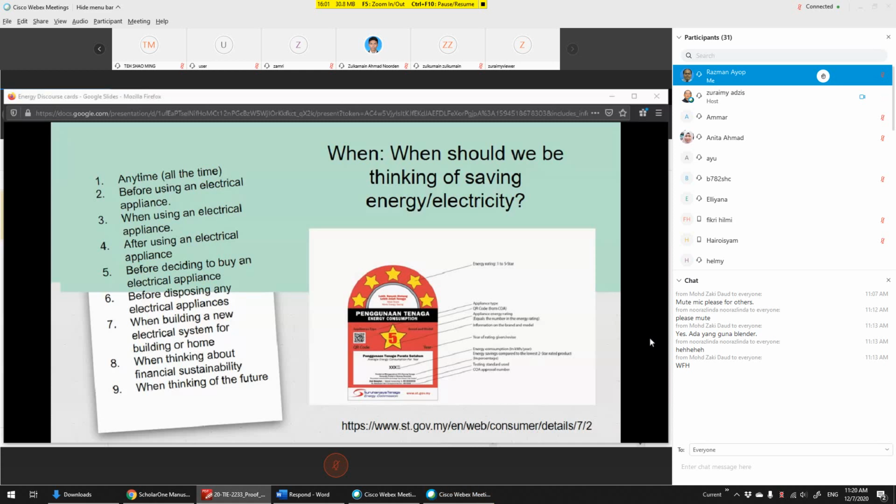So we need to think of the future. We have to put ourselves in our children, our grandchildren, our great-grandchildren's shoes later. If we use up all the fossil fuel, they will be having a much bigger problem than us. So I hope this could become the motivation also for us to save energy.